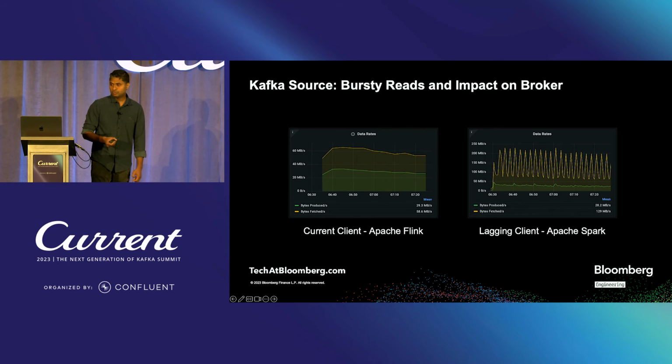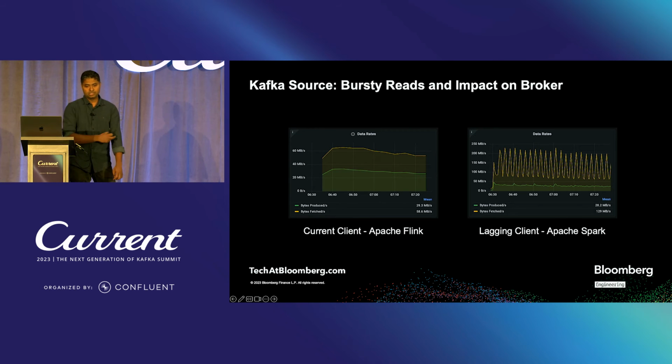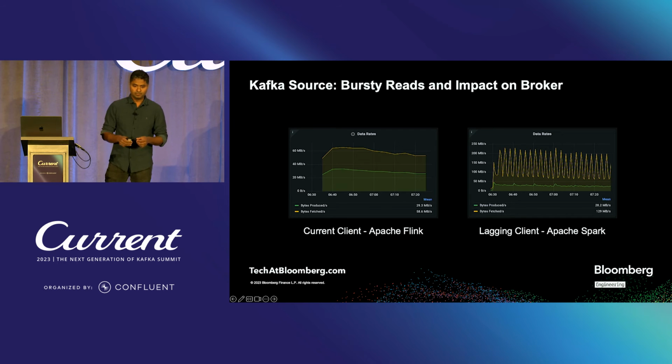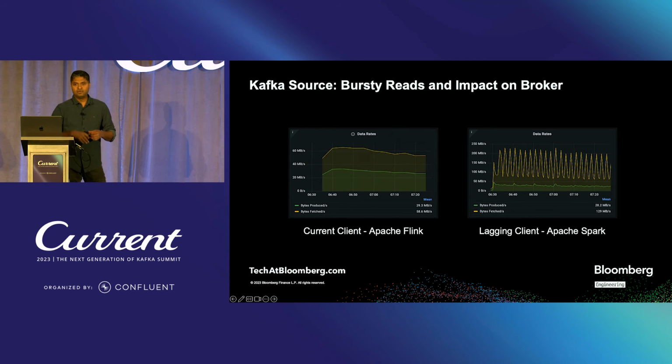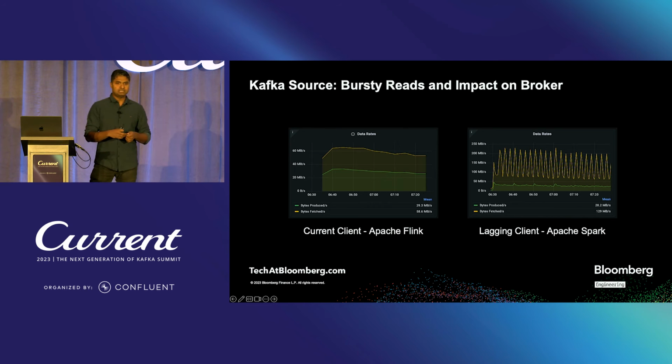Next, we'll look into the impact of read patterns on the Kafka brokers. Flink and Spark set up the read stream in different ways. Flink consumes all the latest messages in real time, staying up to date without much consumer lag, whereas Spark consumes batches of messages at periodic intervals, causing a bursty read pattern.